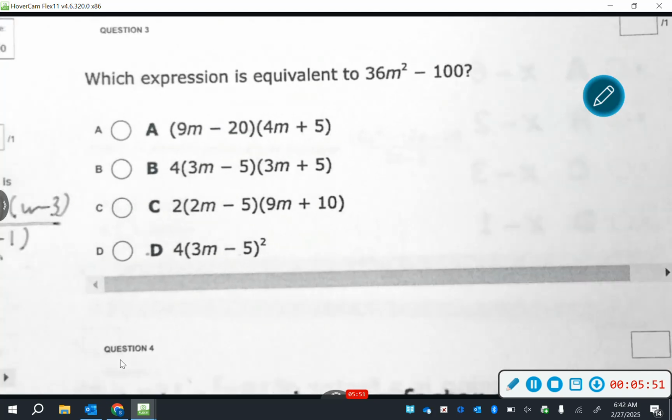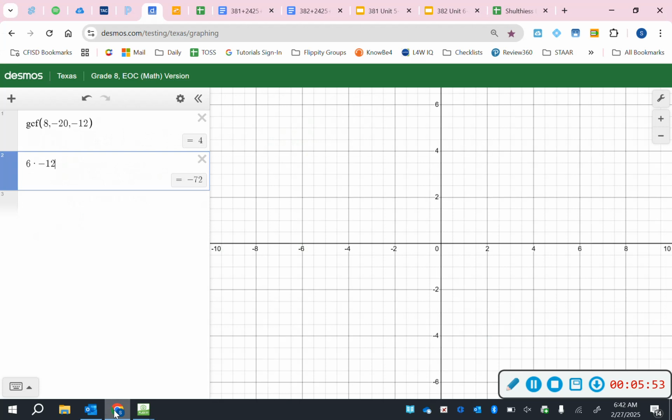First thing we should always do, check for a GCF. So on my calculator, I'm going to plug in GCF, parentheses, 36, comma, negative 100. So they're telling me the GCF is 4.